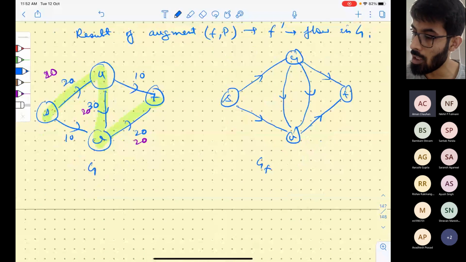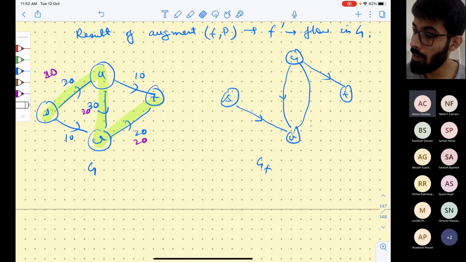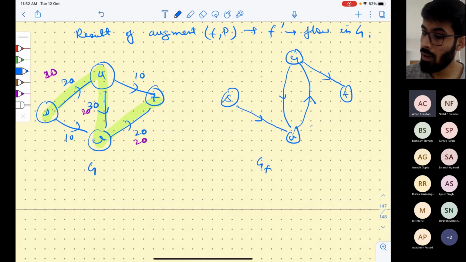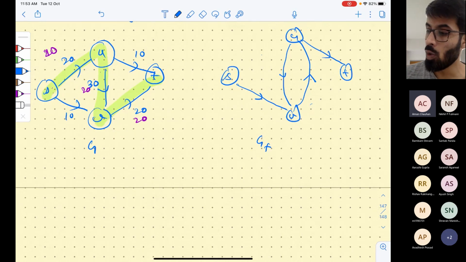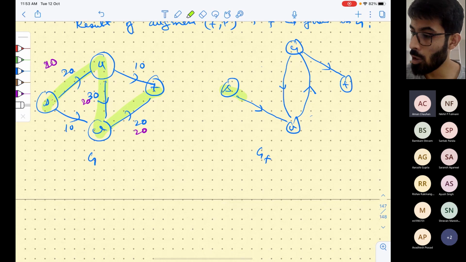So this one does not exist, because FE is not less than C, and this one also does not exist. And these exist. Here there is no backward edge. Good, so now there is a path in this residual graph.